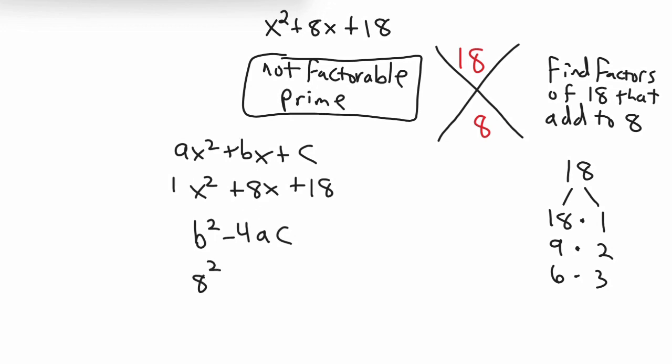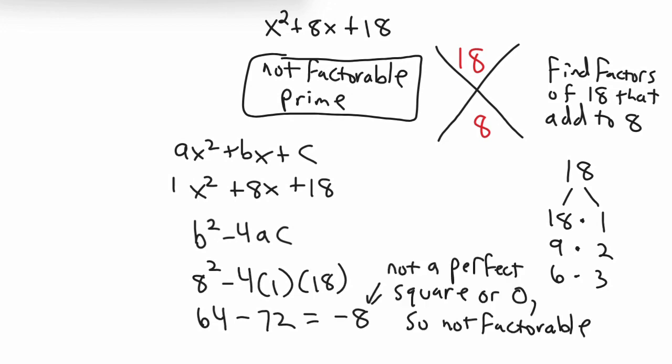So you got 8 squared minus 4 times a is 1. C is 18. So you have 8 squared, that's 64, minus, this is 72. 64 minus 72 is negative 8. So since our answer there is not a perfect square or 0, it is not factorable.